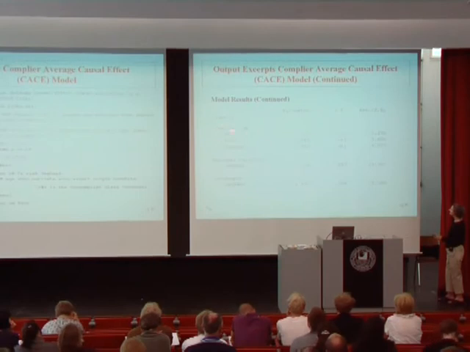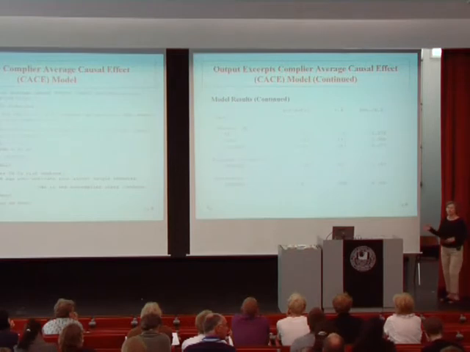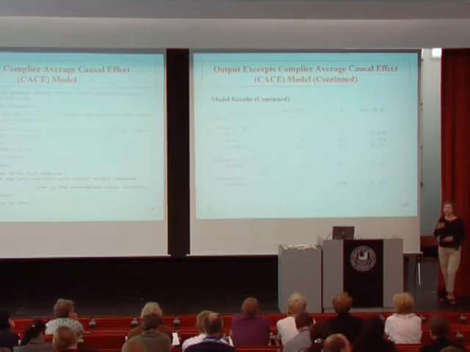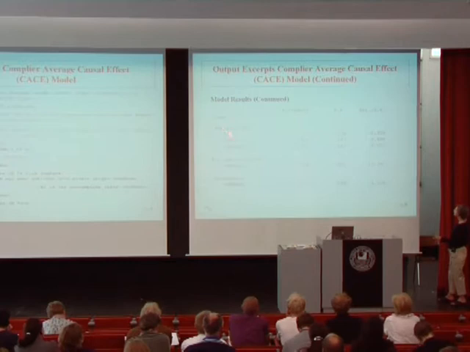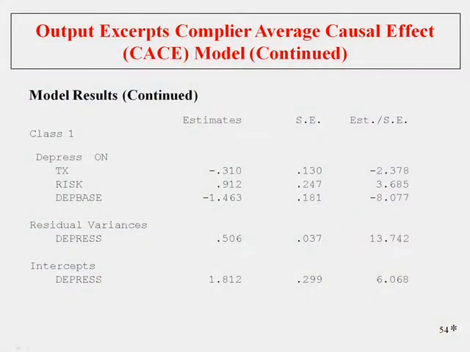So what are we interested in? The important thing here is depression on treatment. This is the class of compliers. So these are compliers only, and that depression on treatment represents the effect we're interested in. We see it's significant, it's negative, so the treatment is effective in that it reduces the depression score of that continuous variable, which is what we want.